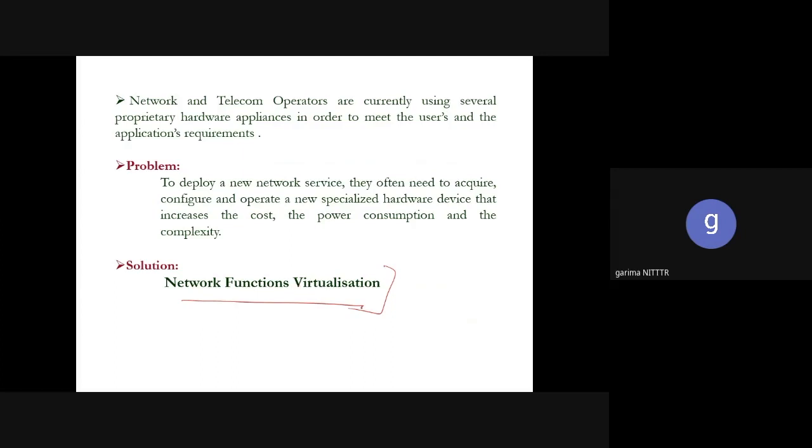Network function virtualization means that service providers or telecom operators nowadays are using proprietary hardware appliances to meet user and application requirements. Obviously, whenever an item is proprietary, it is costly and takes time to come to market, because the service provider has to purchase all the appliances from a single provider.